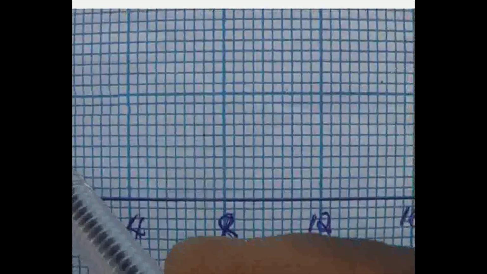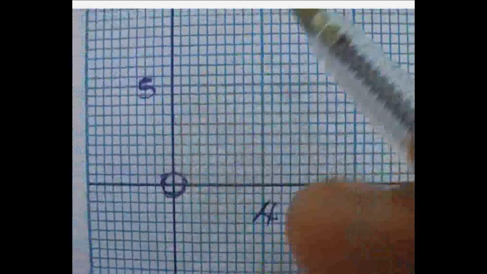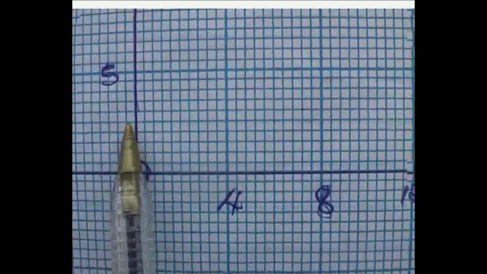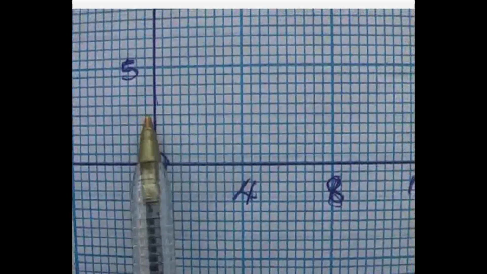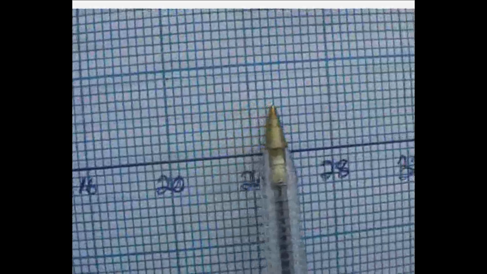So it's going to be here. Trace this line to where it will meet the line of 32 along x-axis. So if you trace this line now, you can see it's this place.